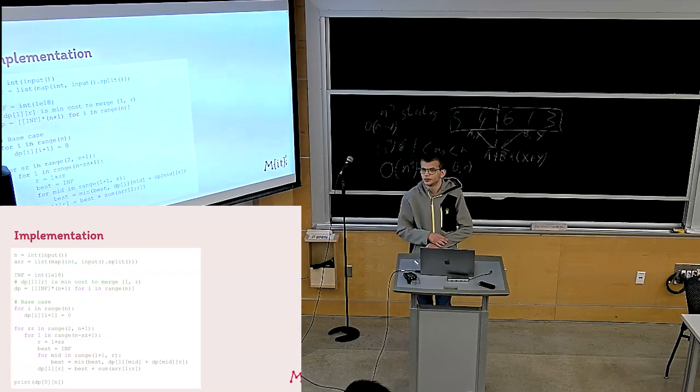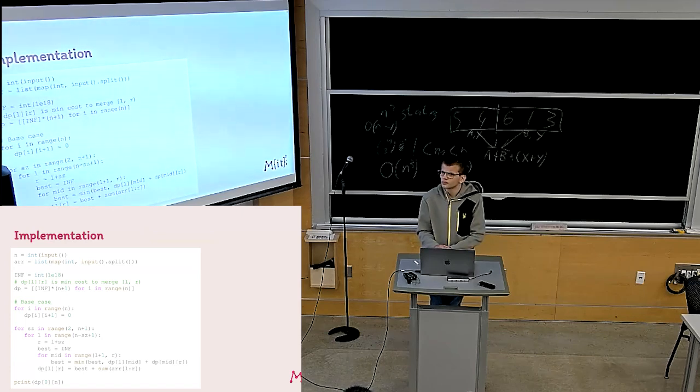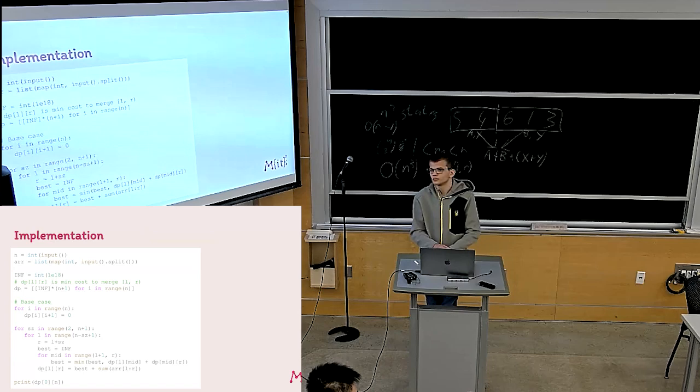Any questions about this specific problem about merging slimes? Yeah? Instead of splitting the array into two sections like L, M, M, R, how do you prove that, say, you take the first element and the last element and then the middle range, and you merge all the first and last ones first?